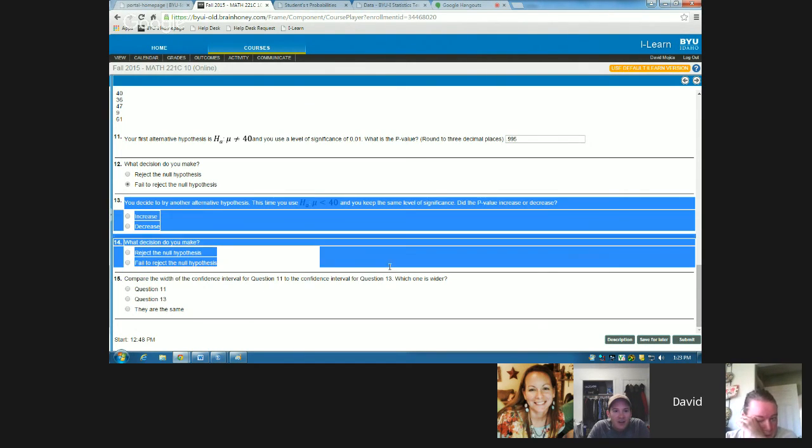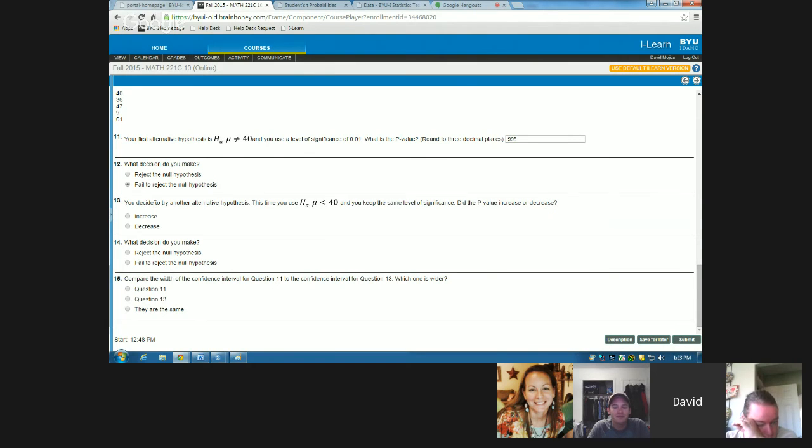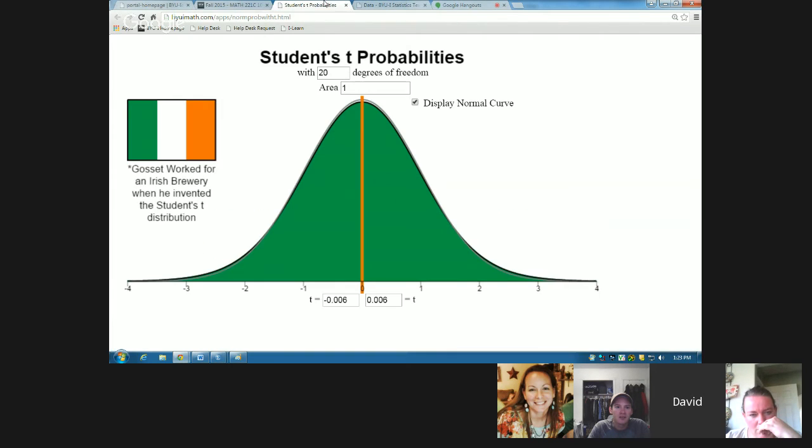Okay. So 13 then? Wait, are we all on board? Yeah. Okay, so it says you decide to try another alternative hypothesis. This time you use that the alternative hypothesis is less than 40. You keep the same level of significance. Did the p-value increase or decrease? Right here would be just the left side, right?